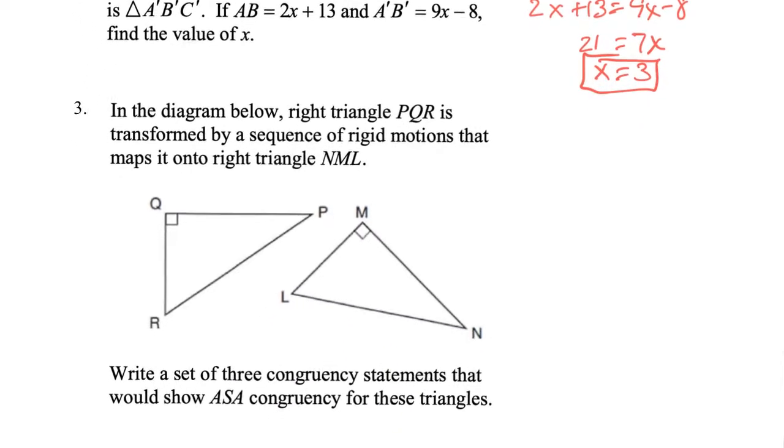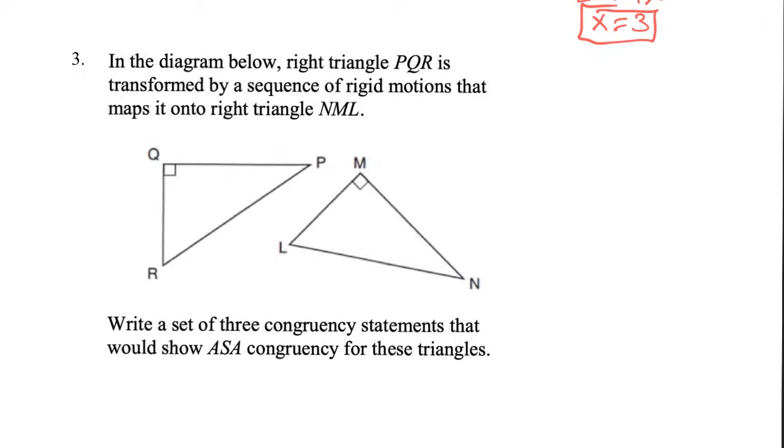All right, number 3. Here's a new one. In the diagram below, PQR is transformed by a sequence of rigid motions and is mapped onto NML. So this triangle transformed onto this one. Write a set of three congruence statements that would show angle-side-angle congruence for these triangles.